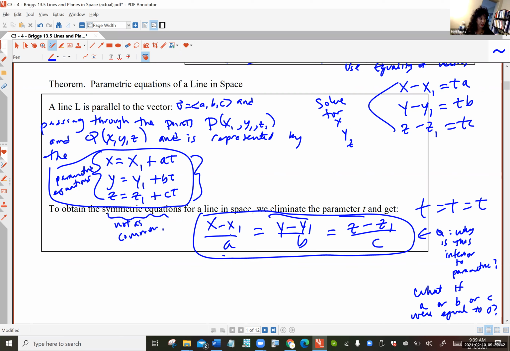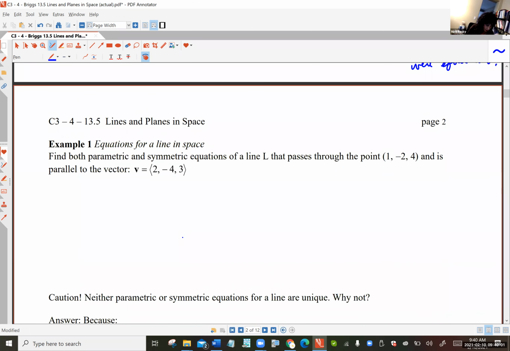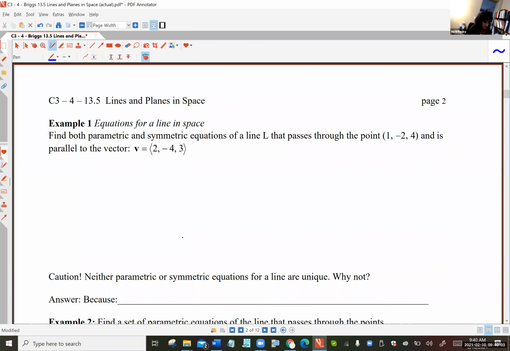The line's doing great. So the symmetric equations are not my personal favorite, and I don't ever ask you for that on any exam or quiz. I might give you one in the homework just so you get a feel for it, and so you'll know what it is, because I like you to be fully educated in my class, but yucky.